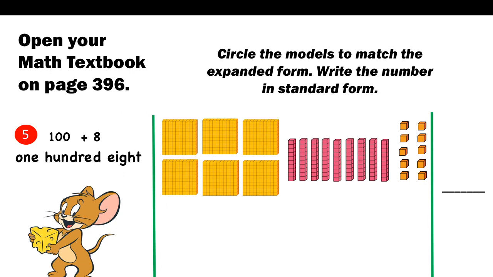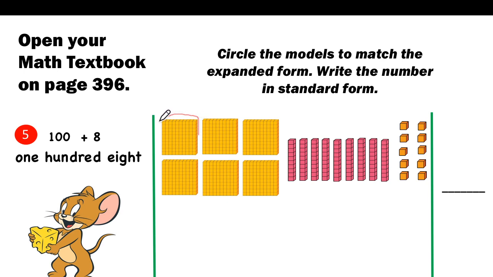Number 5. This is a little bit tricky. Please be careful. Look at the expanded form, 100 plus 8. We have only hundreds and only ones. We do not have any tens. So let's circle. 100.